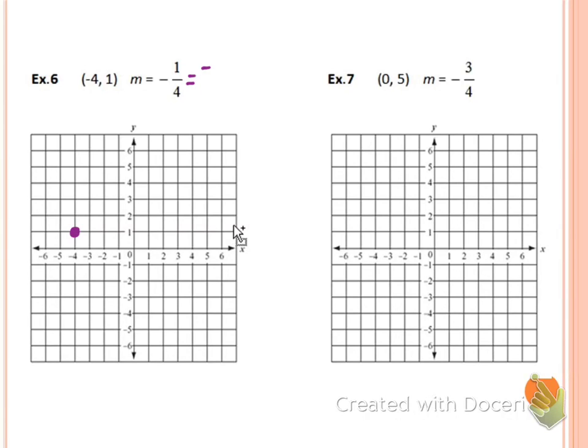We can give the negative to either the numerator or the denominator. But we've only got one negative sign to work with. It does not matter to me which gets it, the top or the bottom. Okay, so using our slope of -1/4, who can tell me where to go to get another point?